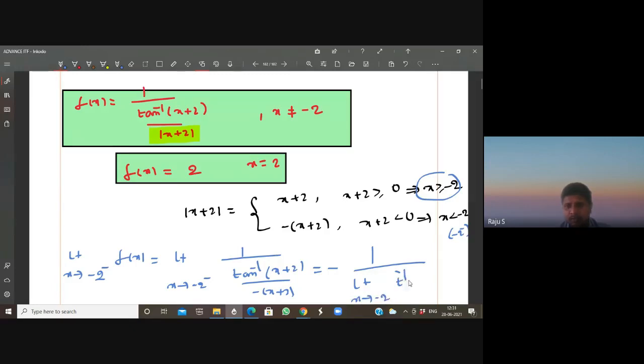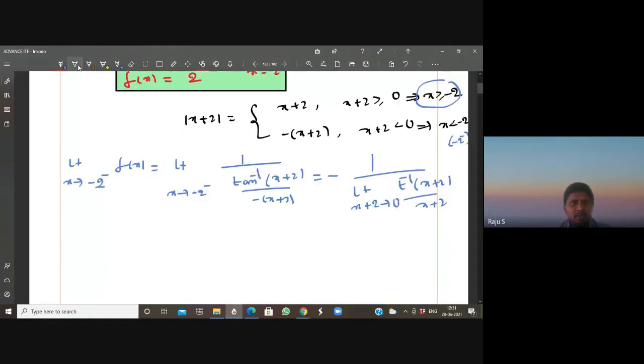So tan inverse of x plus 2 by x plus 2, where x plus 2 tends to 0. I am taking this minus completely outside. We have a formula, what is the formula, student?